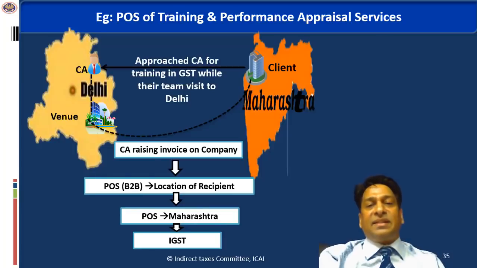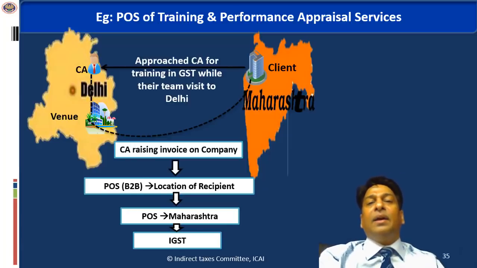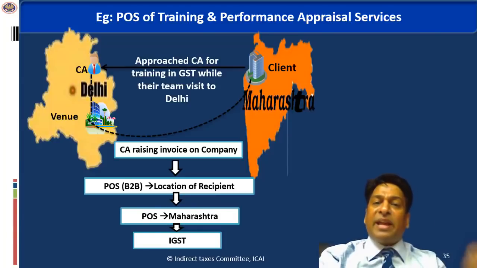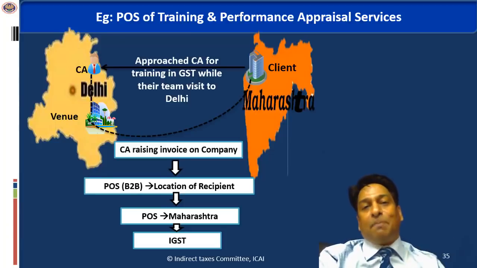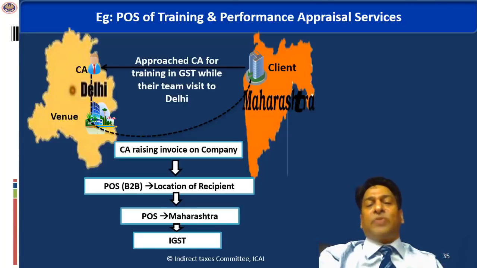While determining this, we have to pay attention. If it is a B2B transaction from the chartered accountant to a client, then though the training is undertaken in Delhi, the location of the recipient would be the place of supply, which is interstate, IGST. If the client is unregistered, then the transaction would be intrastate, CGST and Delhi SGST applicable.